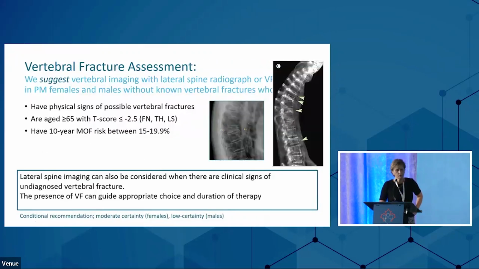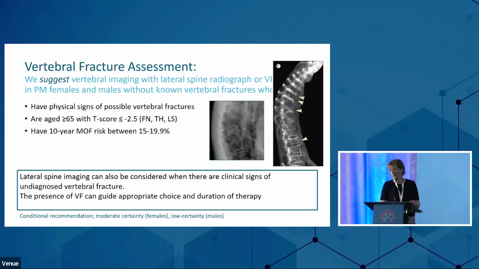Vertebral fracture assessment is also something that we suggest, particularly if on physical exam they have signs of possible vertebral fractures. If they don't have signs, then we suggest it for people who are over the age of 65 and have an osteoporotic T-score, or if their risk for future fracture, as you'll see later, is between 15 and 20%.